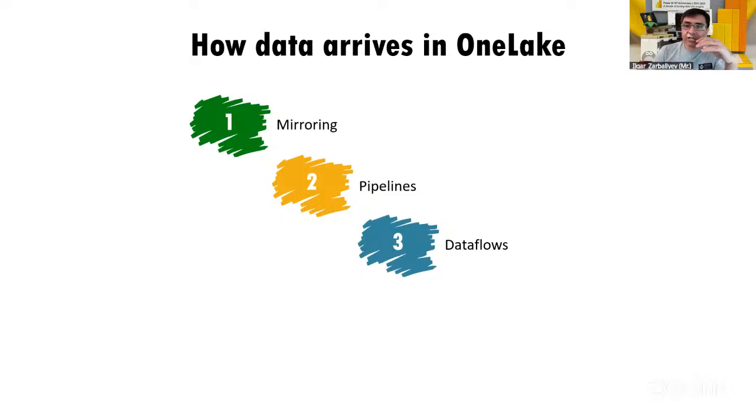For real-time scenarios, OneLake supports streaming through event streams. Streaming enables continuous ingestion of data from sources such as IoT devices, application telemetry, sensor networks, and website clickstream events. This allows organizations to analyze and react to data as it's generated.